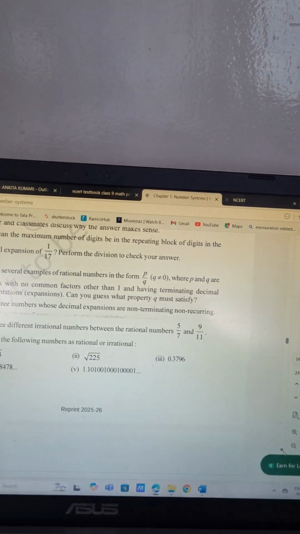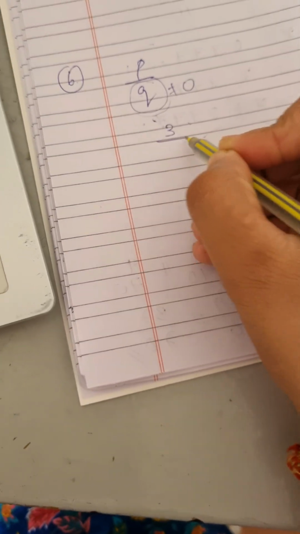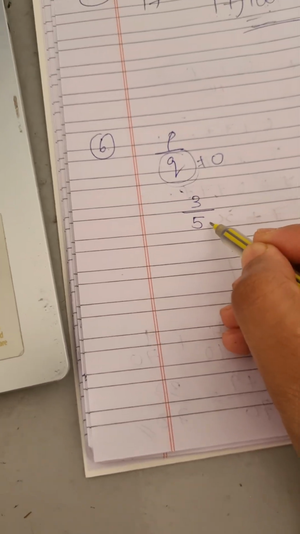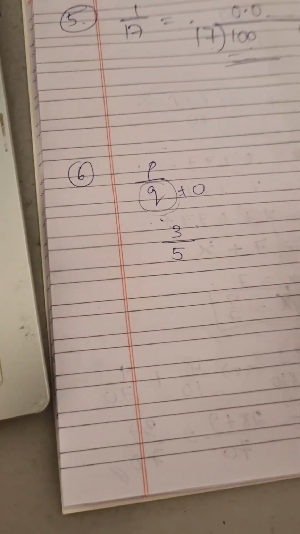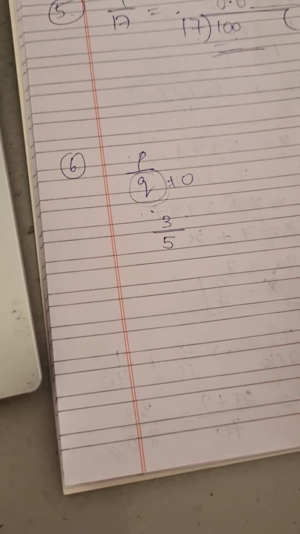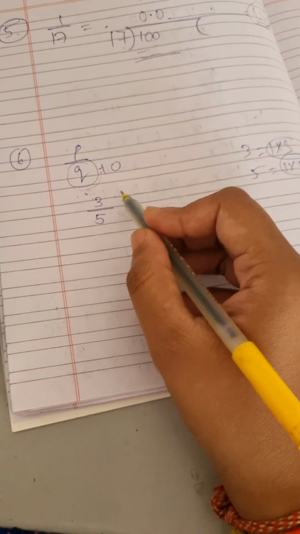So there should be no common factors. Like here I can write 3 by 5. Both have no common factors, both are prime numbers, which means 3 has factors 1 and 3, and 5 has factors 1 and 5. There is no common factor apart from 1, correct? So that is why we can write these two.